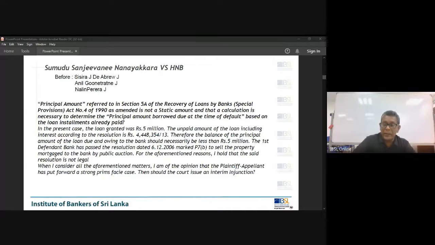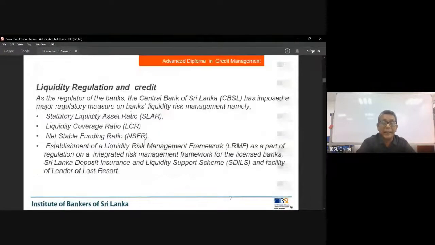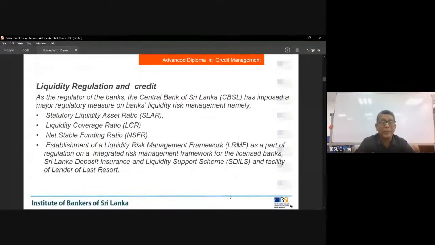Okay, so then moving back again to our next area, then again we'll discuss about the regulatory aspect, about the regulations and the credit. Now, as the regulator of the banks, the central bank has imposed major regulatory measures on bank liquidity risk management, right?